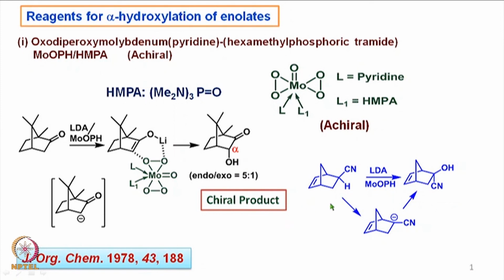Now, in a similar fashion, if instead of a ketone we take a cyano compound of this kind, in which there is no steric hindrance from the top side, that means the exo side is sterically unhindered, then if we do the deprotonation with LDA and react with the same molybdenum based oxidizing agent MOOPH, once we get the anion of this type after the deprotonation alpha to the cyano group here, this can react with the reagent from the exo side, because the endo side in this particular case is sterically more hindered compared to the exo, and therefore we get this cyanohydrin in which the hydroxy group is exo oriented.